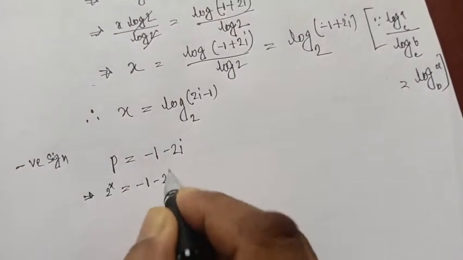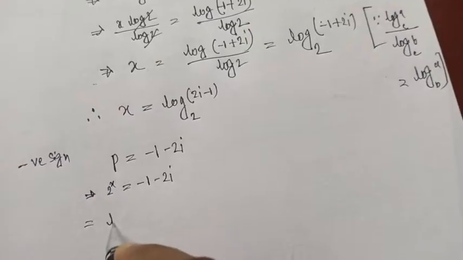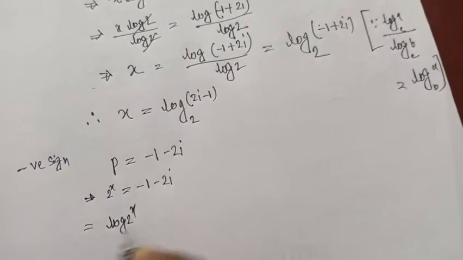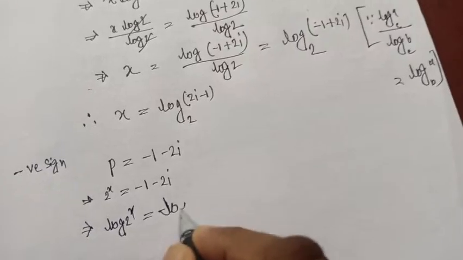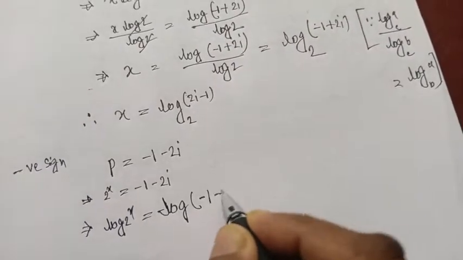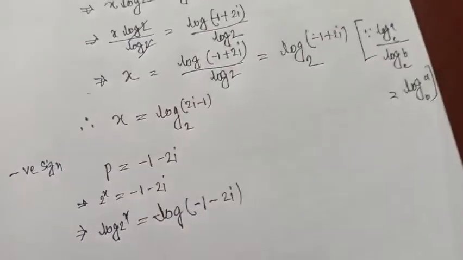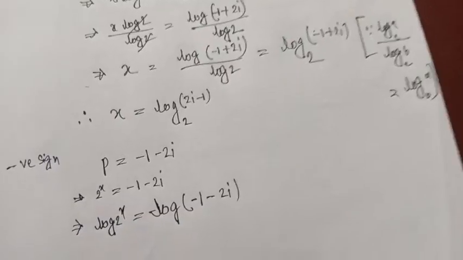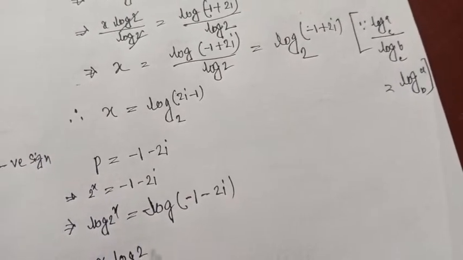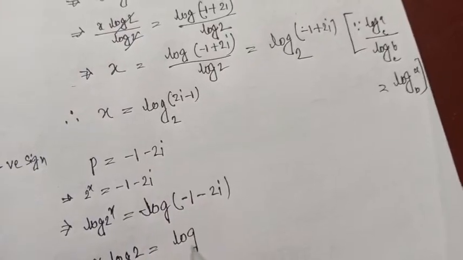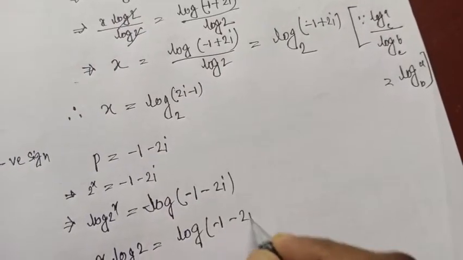If we take log on both sides, 2 to the power x gives x log 2 is equal to log of minus 1 minus 2i.